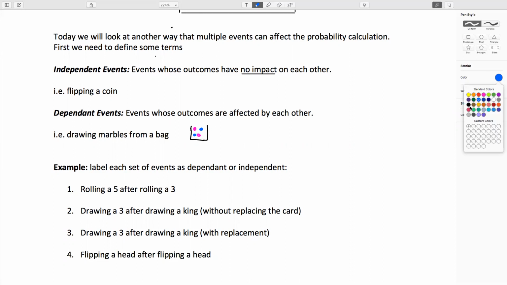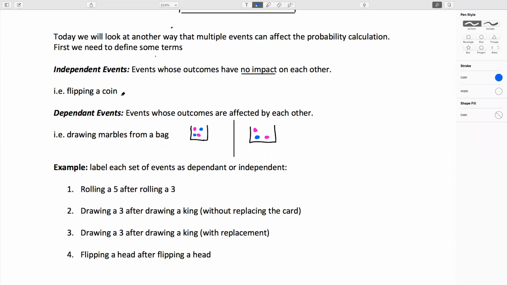Now, if I pull one out and now I've got 3 in the bag, let's say I've now got 2 pink and 1 blue, the probability distribution has changed. I now have a 1 in 3 chance of getting blue, but a 2 in 3 chance of getting pink, and they're no longer equal.